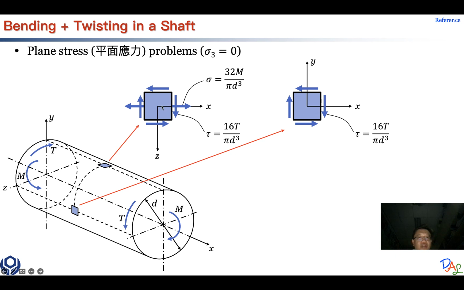So there is left and right normal stress pointing out. And due to the torque twisting in this way, on the right hand side of this material there is a force pulling downward, causing a shearing force. That's why there is a shearing stress right here. And on the left it's shearing up. We know these kinds of forces are coupled.